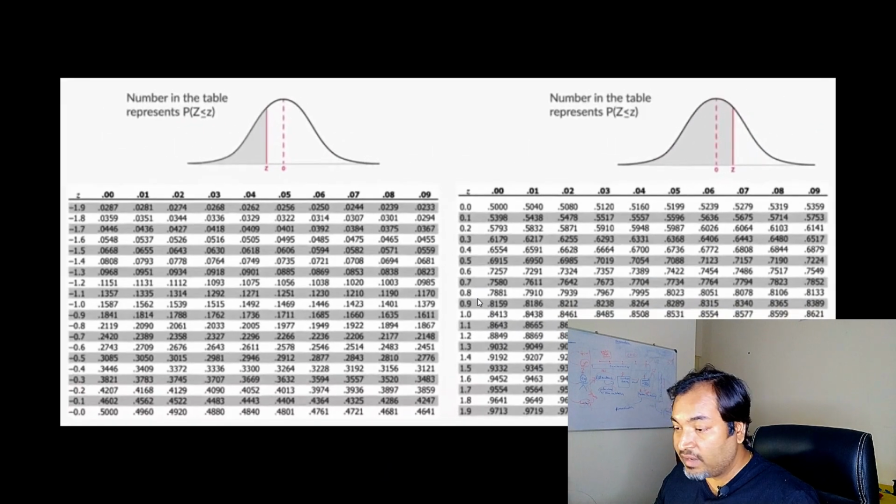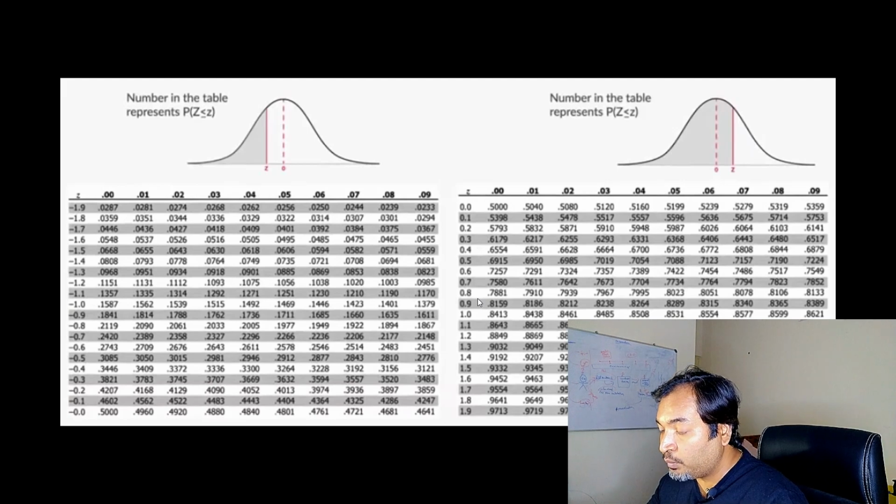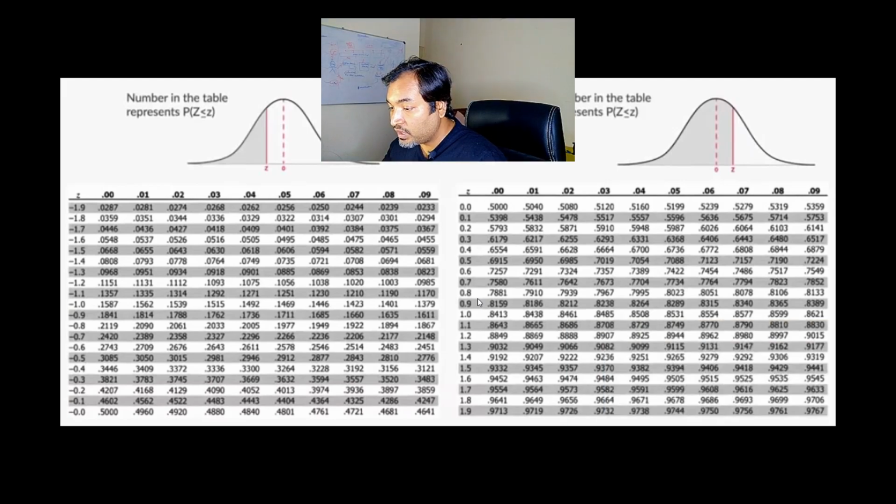So see, we have 1.65, right? After the decimal point we have a 6 here, so this 0.6, and we have to go till here, 0.65. This is for the positive Z score, and this is for the negative Z score.